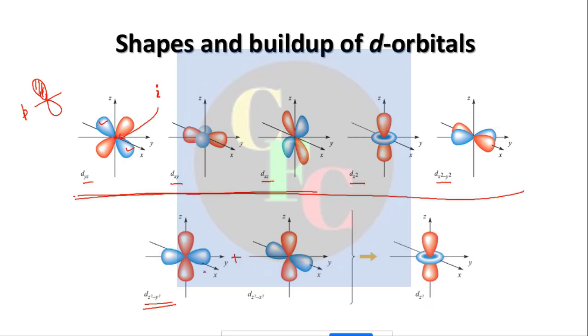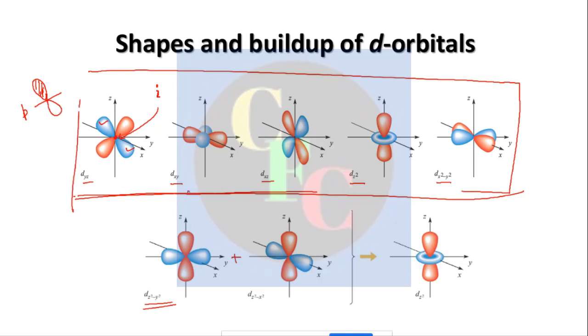If you do not remember this, that is also fine, but you have to remember the shapes of these 5 orbitals. Now you do not have to remember them separately. There is an easy way. See, for the first 3, the xy, the yz and the xz, the subscript gives you the plane in which they belong.